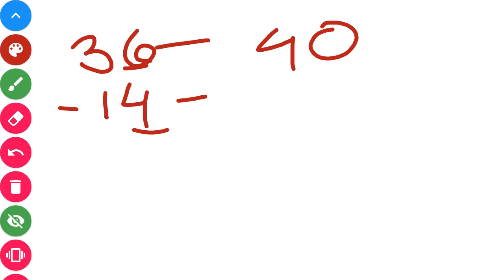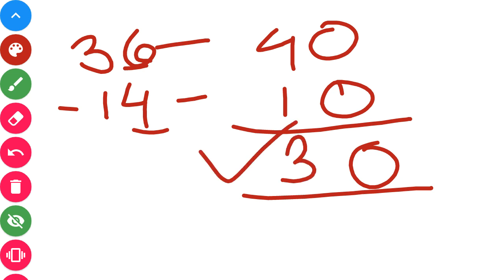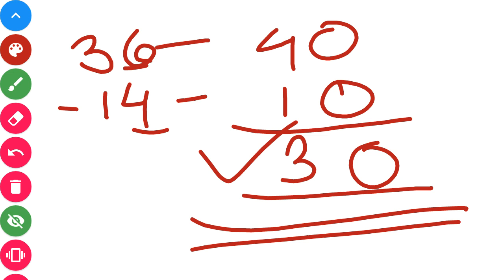Very good. Now this 4 will become 0 and this 1 will remain 1. We will subtract. What will we get? 0 minus 0 will be 0 and 4 minus 1 will be 3. 30 is our answer.